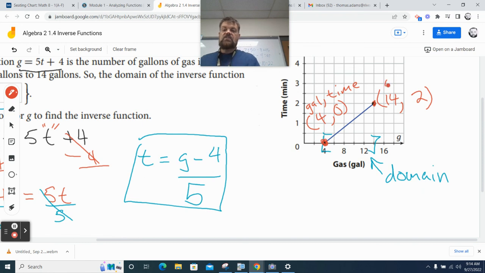So what this is saying is that you can have 14 gallons in 2 minutes. Well, why is that? Because the equation figures in the original 4 gallons that you have in your car. So if the car holds 14 gallons, but it has 4 gallons, how many gallons do you need to pump in? 10, right? Because 10 plus 4 is 14. And it pumps at a rate of 5 per minute, so 2 minutes will do it, right?